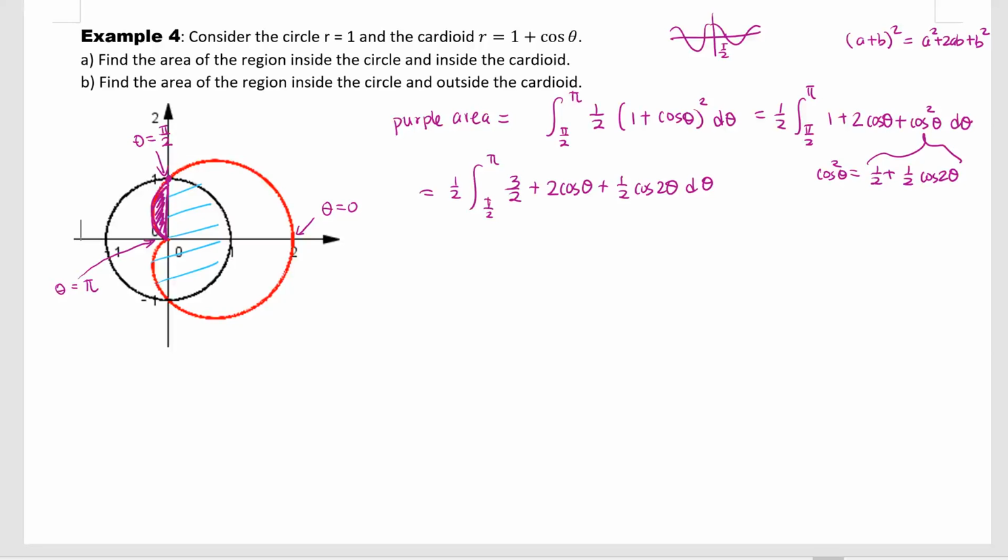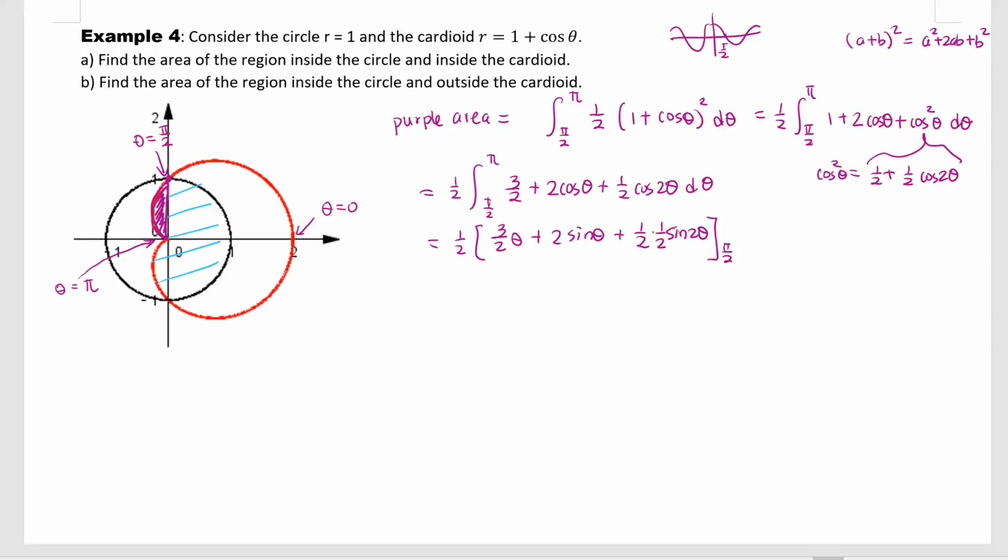Okay, we can then integrate it, right? So we have 1/2 times the integral: 3 over 2 is 3 over 2 theta. Integral of cosine is sine, because the derivative of sine is cosine. And the integral of cosine 2 theta is sine 2 theta, but you need to divide it by 2 in front.